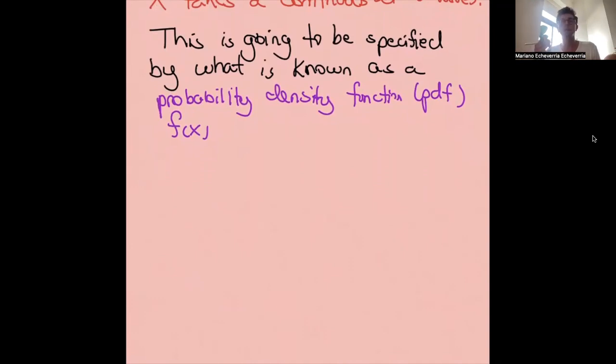It's just going to be a function, and because of our expectation that probabilities are non-negative numbers, what you basically assume is that it is a non-negative function.